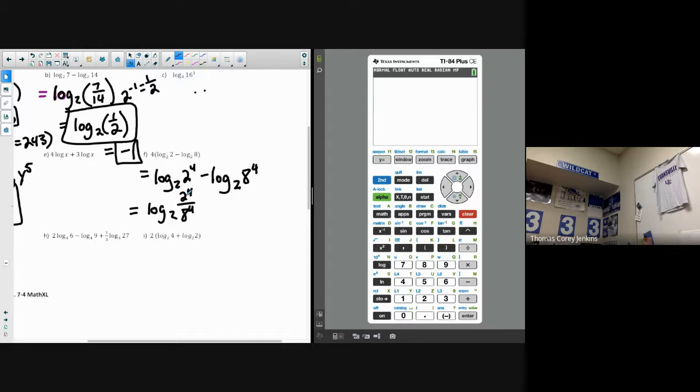So let's just do 2 to the 4th over 8 to the 4th. So that simplifies to 1 over 256. Log base 2 of 1 over 256.